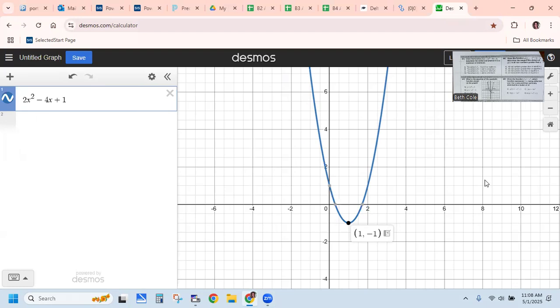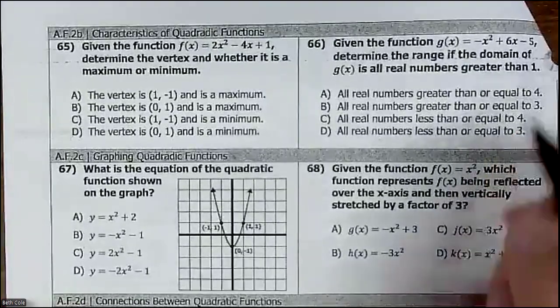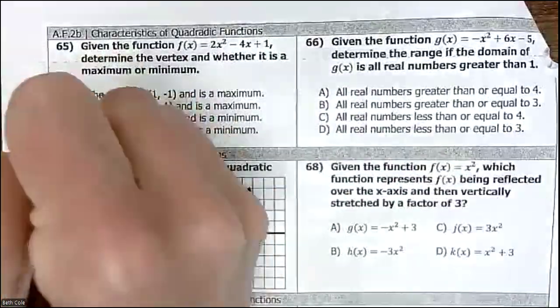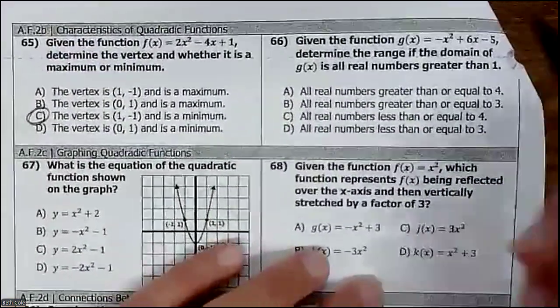So it's 1, -1. And is that a maximum or a minimum? Why is that a minimum, everybody? You can't go below. It's the lowest point. So we want 1, -1. It's a minimum. So which choice is it? D. There you go. C is in coconut. C is in Chris.